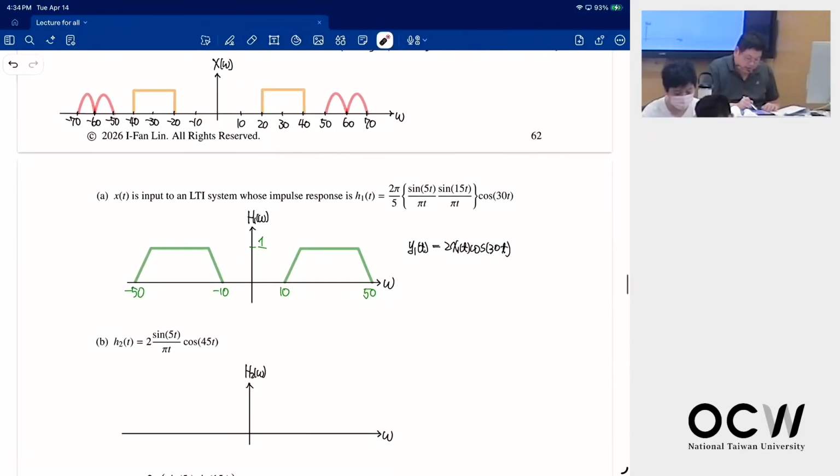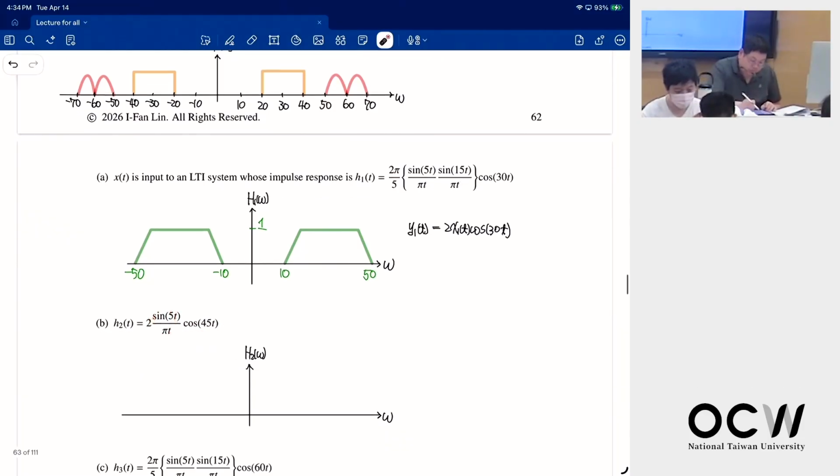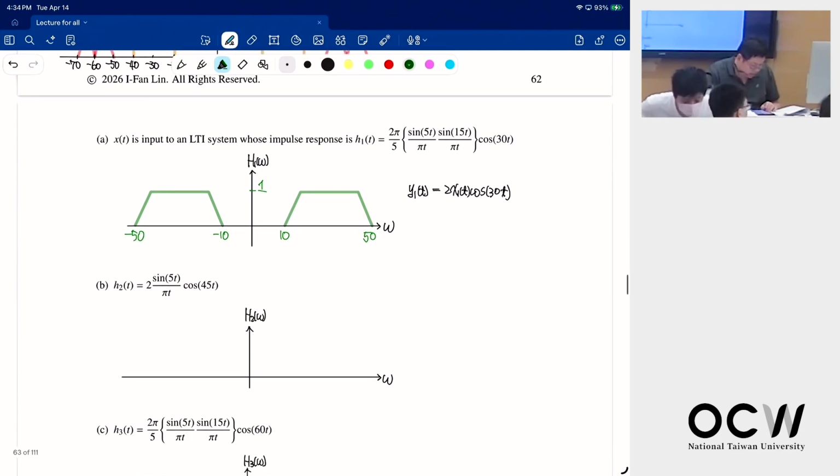Next, if the impulse response is this sinc function, shift, doing modulation. Shift by 45. So here you should have a rectangular pulse.